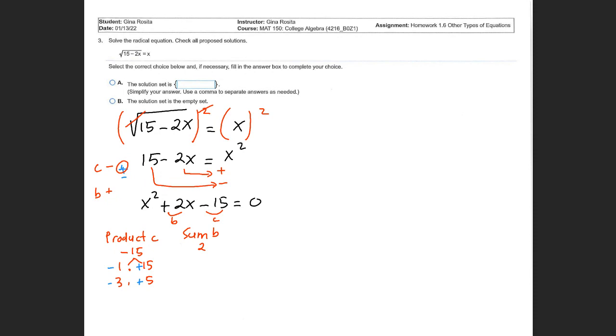Okay, so now I need 2. So which one do we choose? This one. This is not, yeah? So it becomes negative 3 plus 5. The answer is 2. Okay? So we can find the factors of this one: x minus 3 times x plus 5 equals 0.